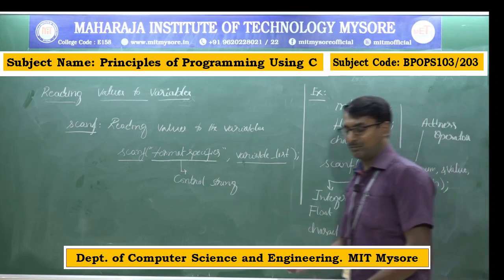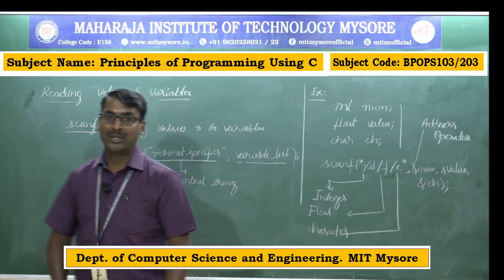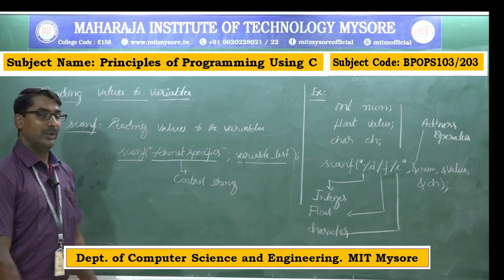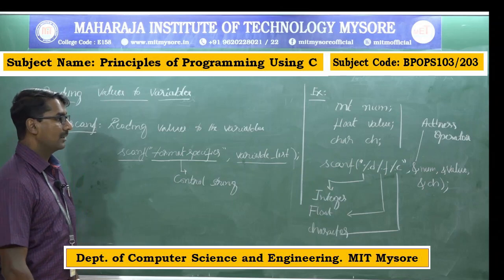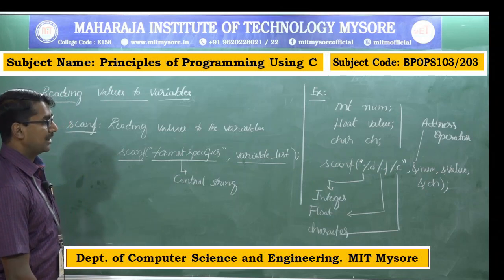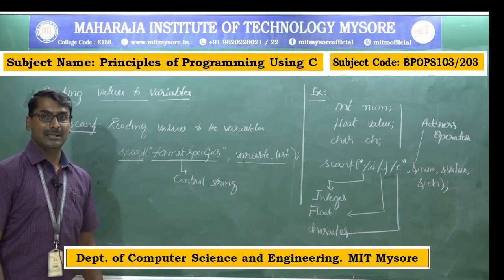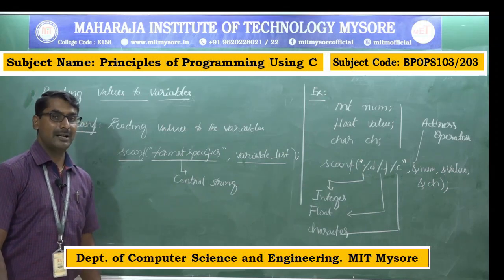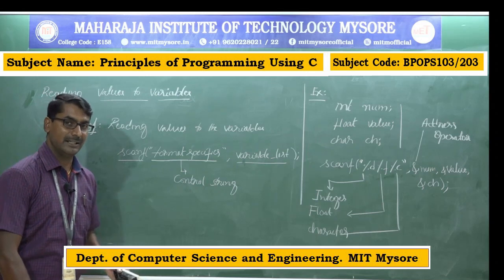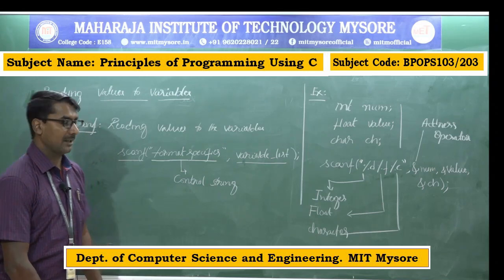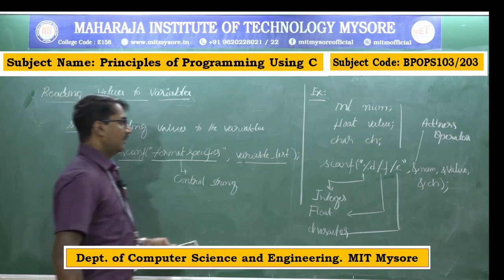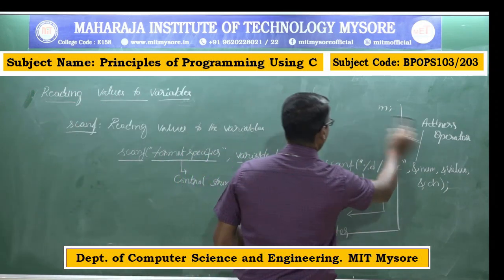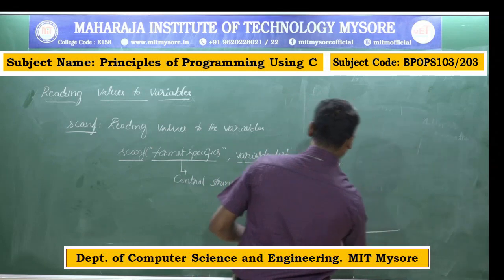So the most important conditions: the number of control strings must equal the number of variables, the variable list must be separated by comma, and the order of control strings must match the variable list. If you are writing integer, float, char, then the variable list must be integer, float and char. Okay, that's about reading values to the variables using the scanf function.